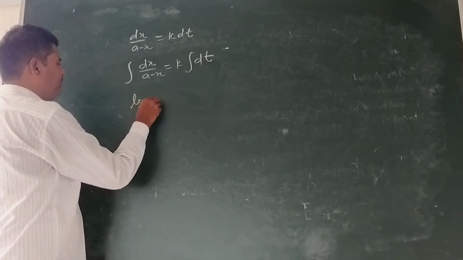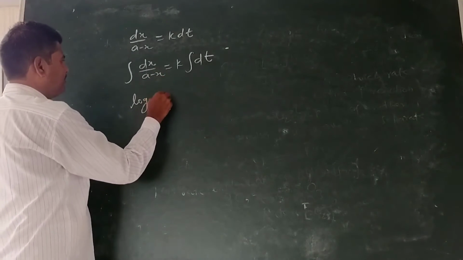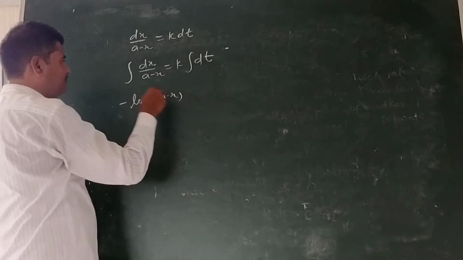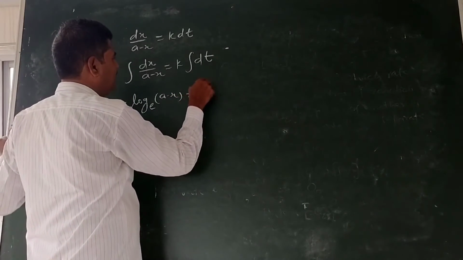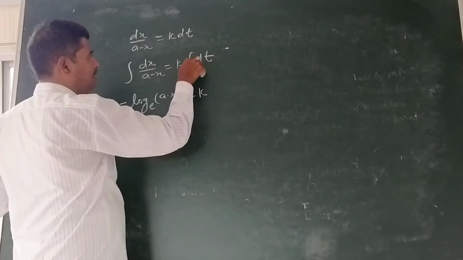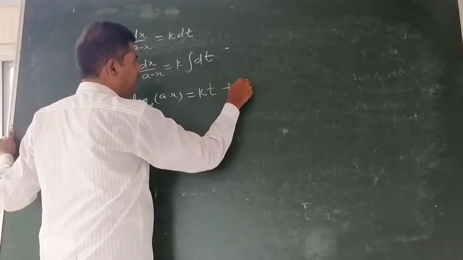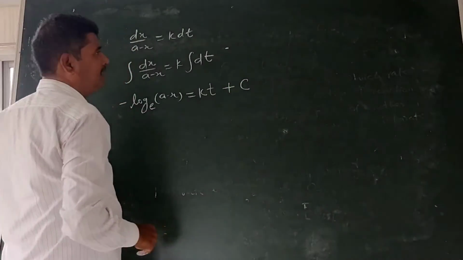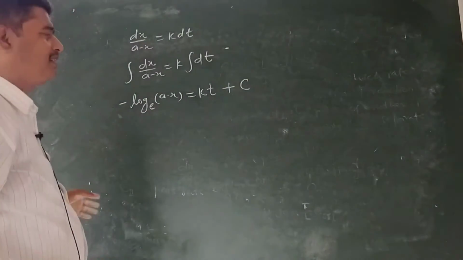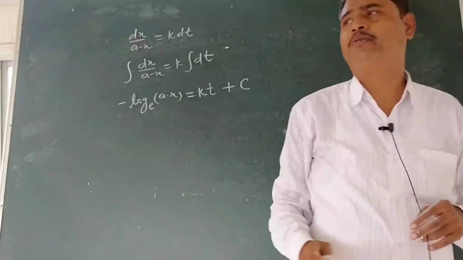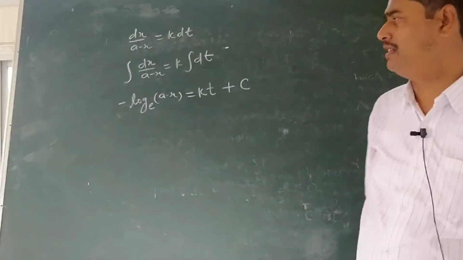Log on the base e of A minus x is equal to k. Here integration of dt will be equal to t plus c. C is the integration constant. For indefinite integration, we will use the integration constant.